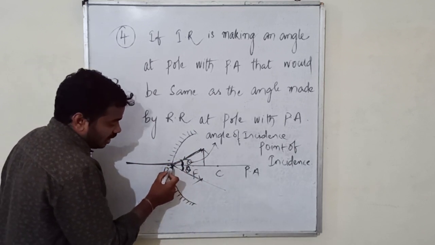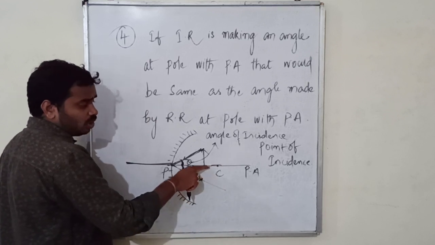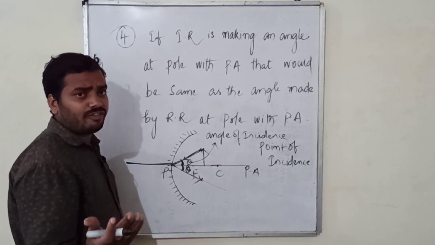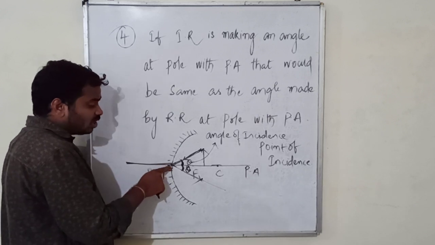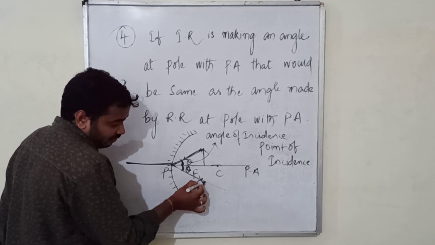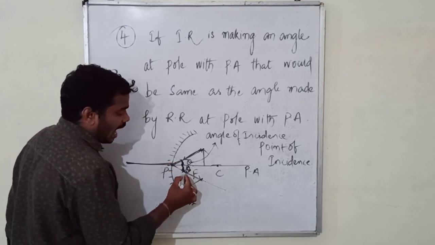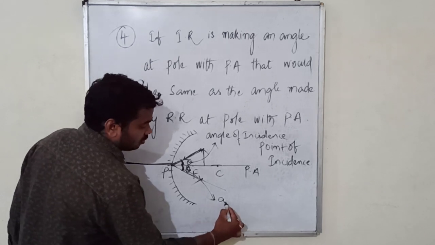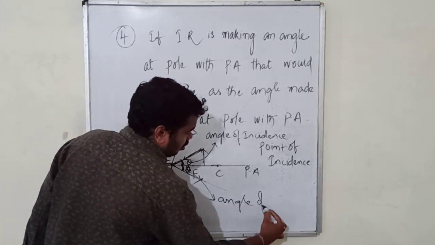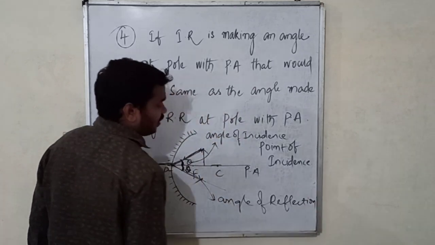Obviously, the angle made by the reflected ray with the normal, this is normal only, right? The principal axis is one kind of normal, but that normal is passing through the pole. So the reflected ray making an angle with the normal is the angle of reflection. Do you remember the first law of reflection?